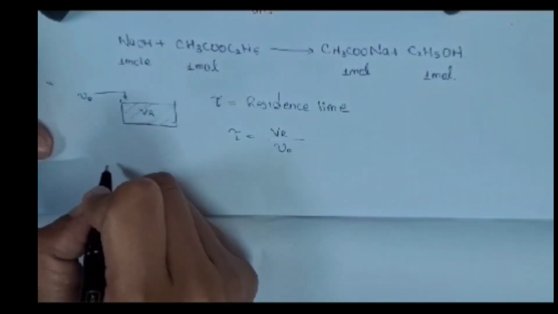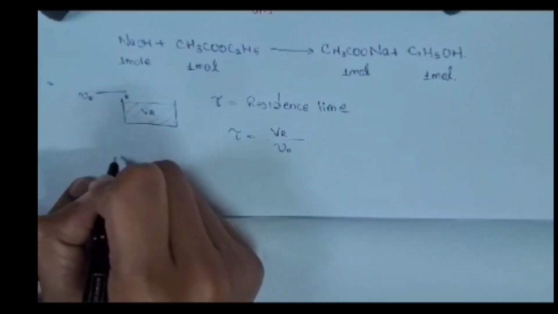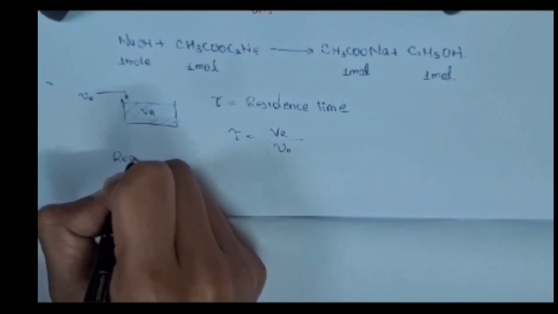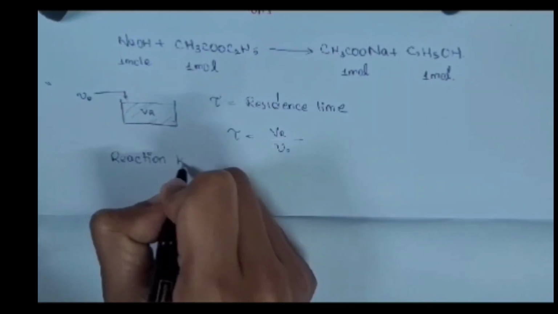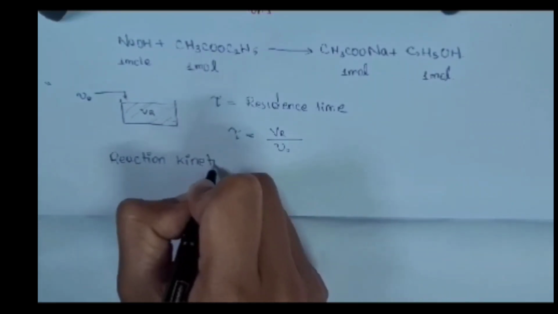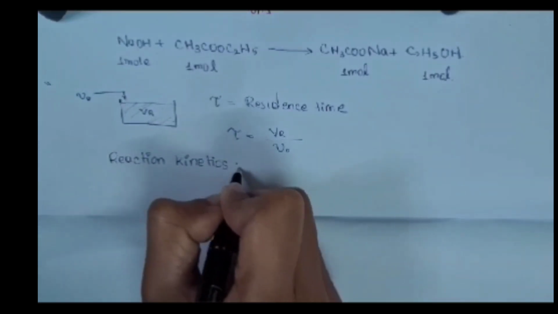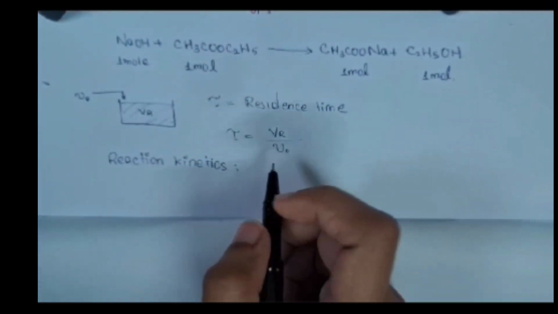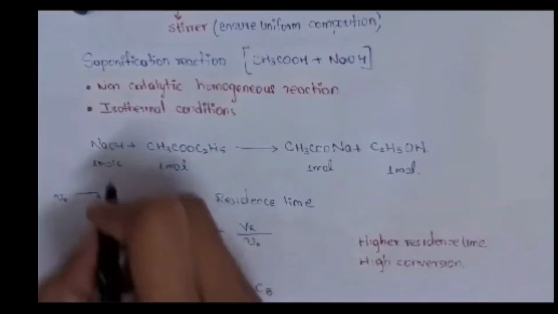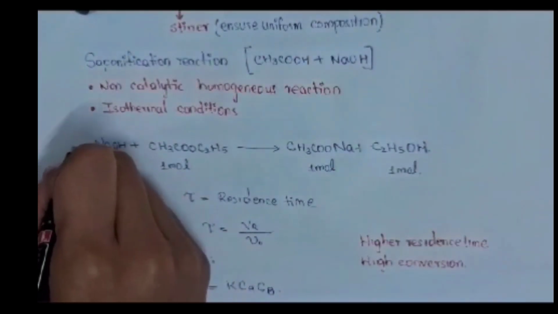Now let us see the reaction kinetics of the saponification reaction. For the saponification reaction, the second order nature arises because the rate depends on the concentration of both reactants, sodium hydroxide and ethyl acetate, CH3COOC2H5.